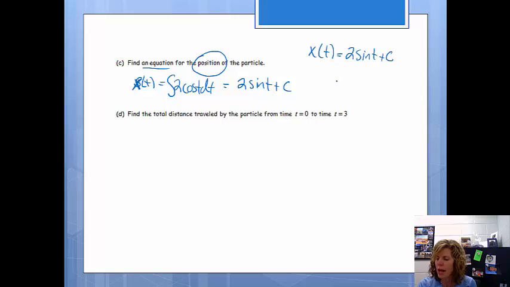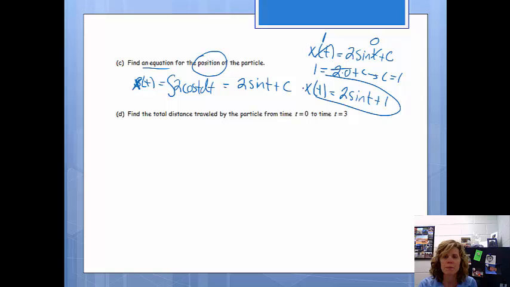And then they gave us some initial information so that we could actually find c. They said at t equals 0, the particle is at x equals 1. So we're going to have 1 equals 2 times the sine of 0, which is just 0, plus c. That makes c equal to 1. So my particle's position is going to be x of t equals 2 sine of t plus 1.